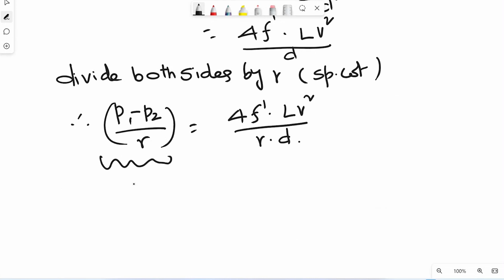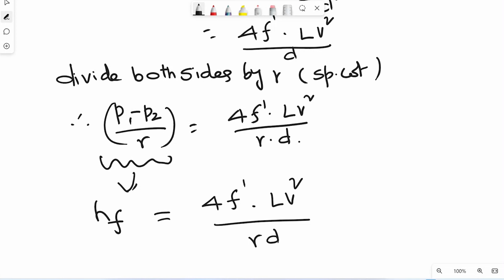P1 minus P2 by gamma is nothing but the head loss HF, and HF is equal to 4F dash into LV square by gamma D.